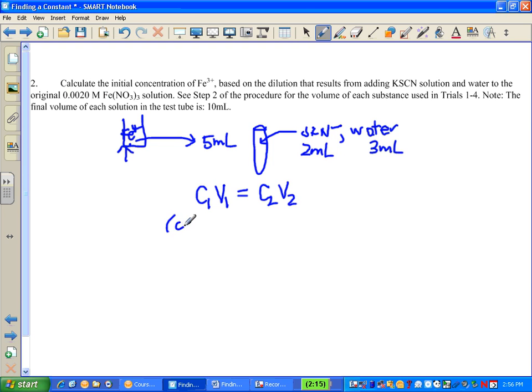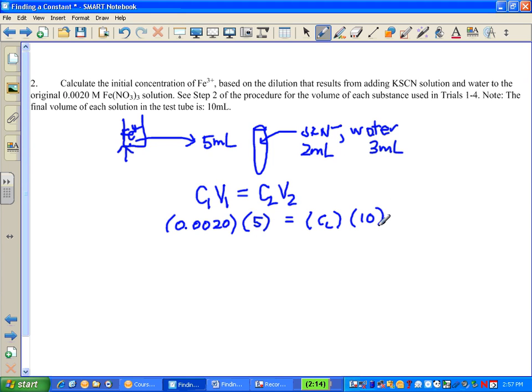So that's our C1. The volume of that solution is 5 milliliters. We're looking for our concentration, and the final volume is 10 milliliters.